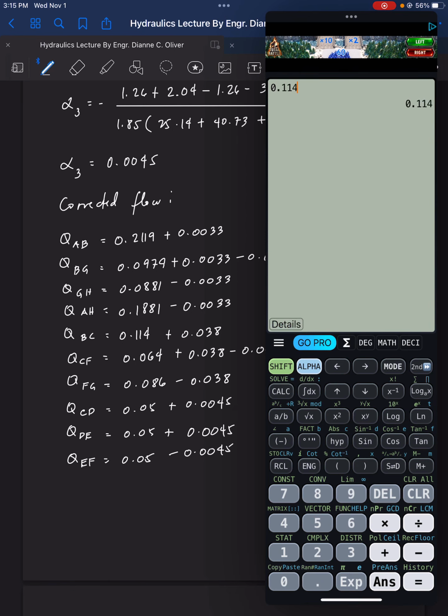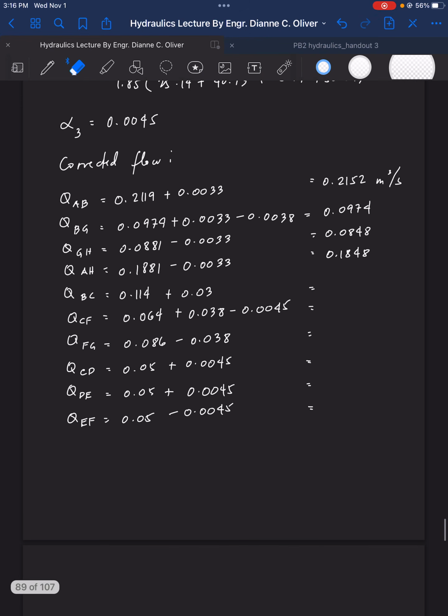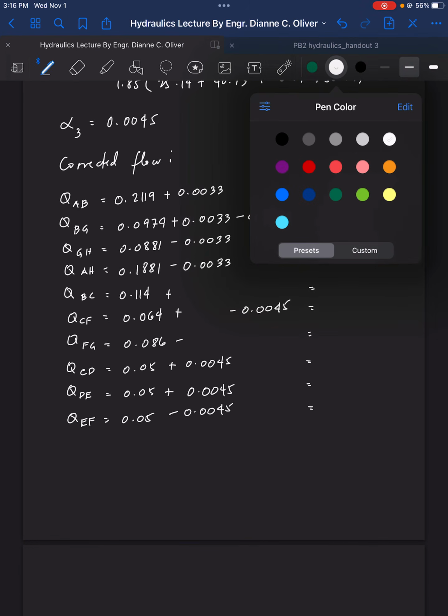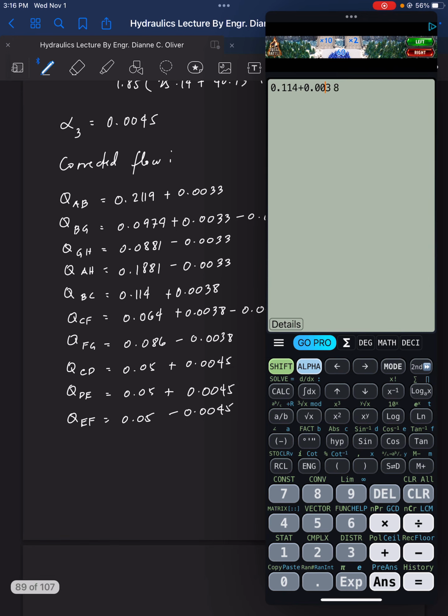So 0.114 plus 0.0038, so that is 0.1178.